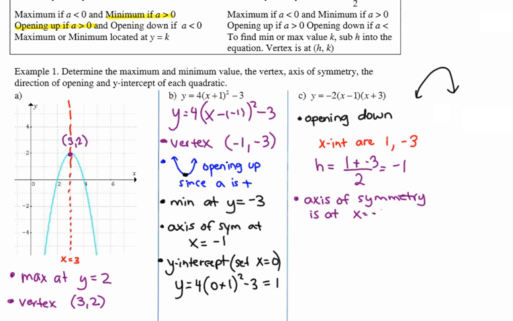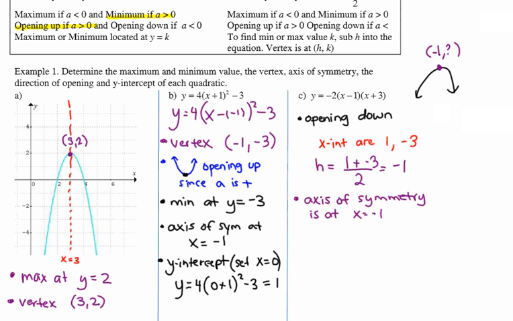So right there, that tells me that my axis of symmetry is at x equals negative 1. So we know the x value of the vertex is negative 1, but we don't know the y value. How do you think we could get the y value at the vertex if we know the x value at that point is negative 1? Any guesses?